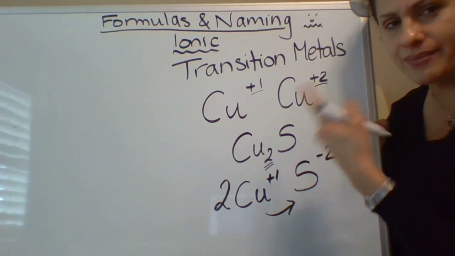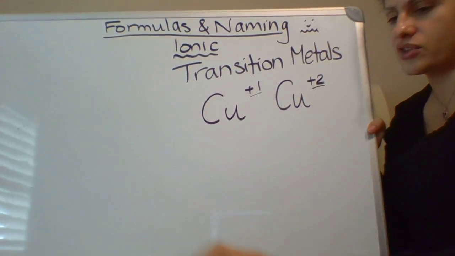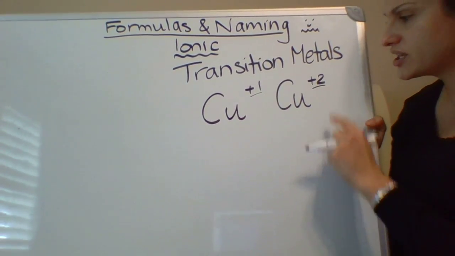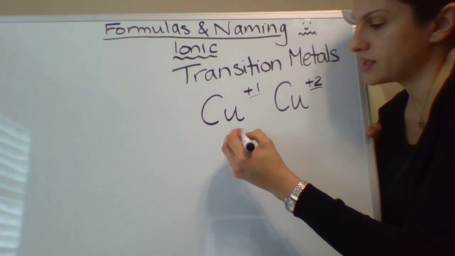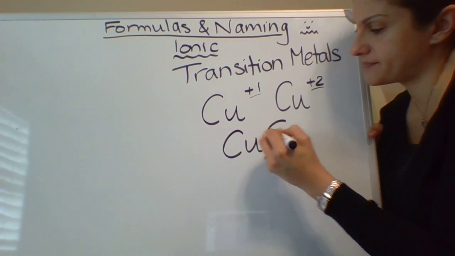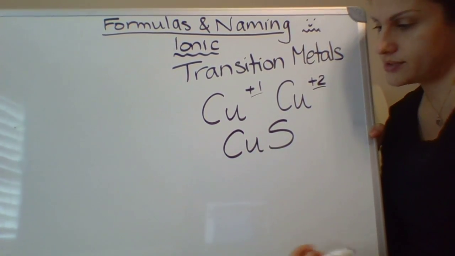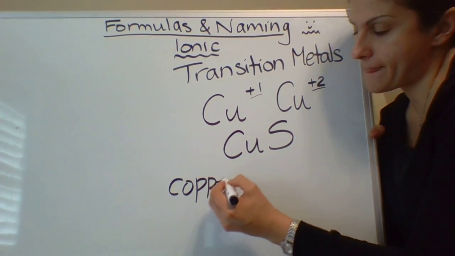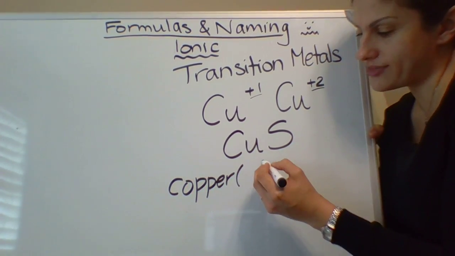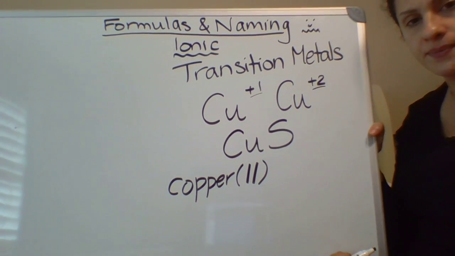But then how do I name them? How can I tell the difference between the copper that has the +1 charge and the copper that has the +2 charge? Let's say we were dealing with this, which I know the copper had the +2 charge. You would write it as copper, and then parentheses, the Roman numeral 2.